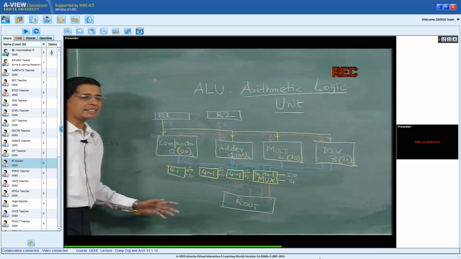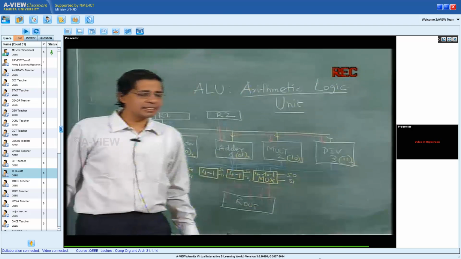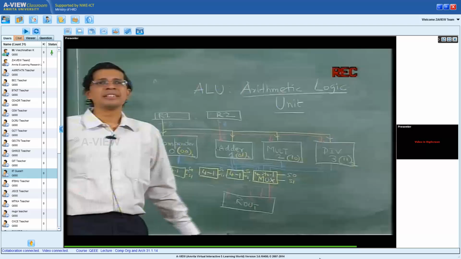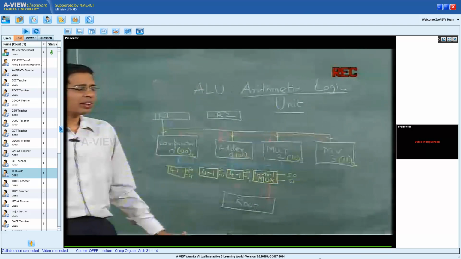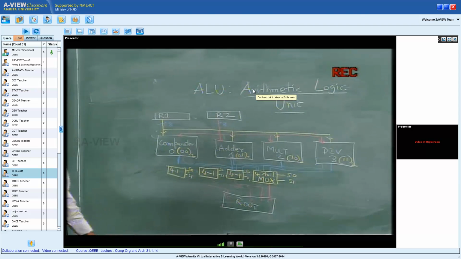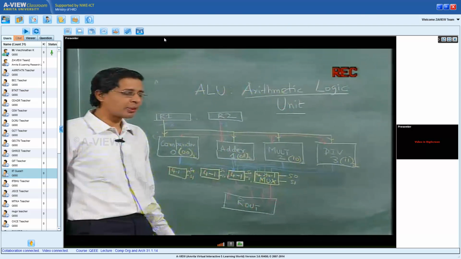So in essence, if you take a digital circuit, if you take a digital computer, the hardware inside comprises sequential and combinational circuits.